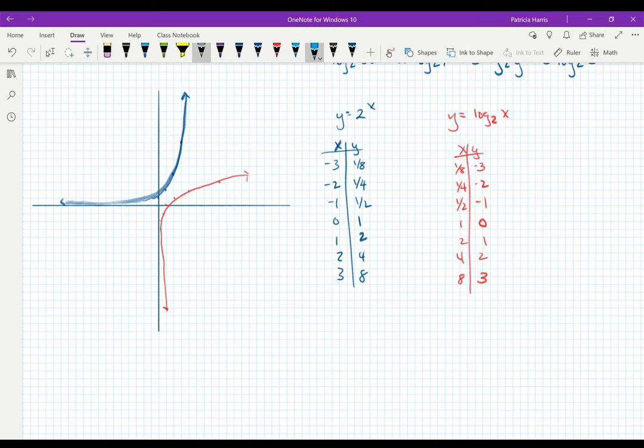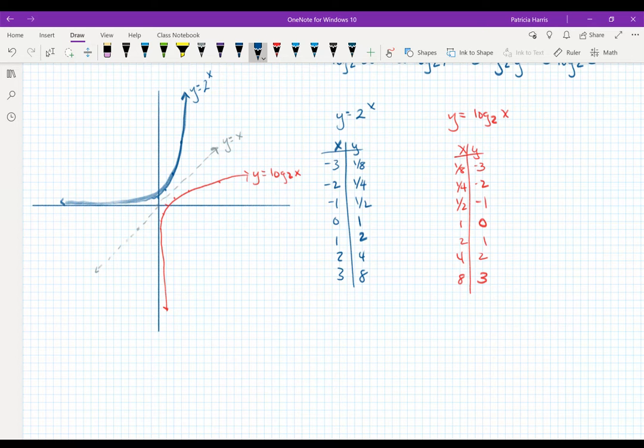So let's draw that line in. Okay, so since they are inverses, your domain and range flip, or they trade places. Okay, and you'll notice that they are mirror images of each other.